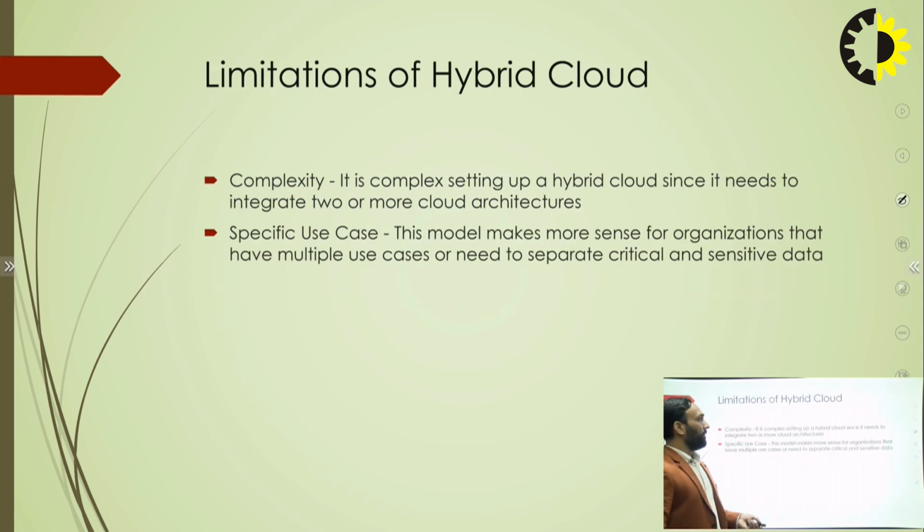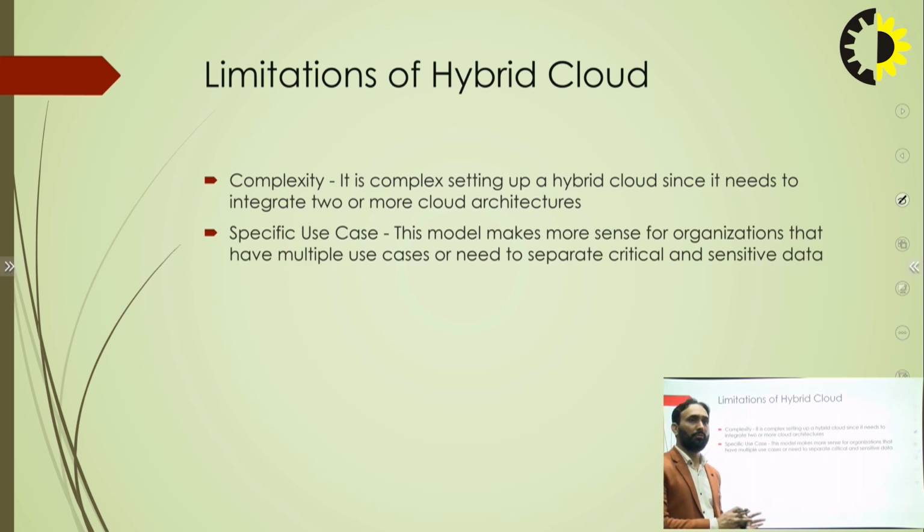It also has a few limitations. If we combine two deployment models in an organization to access the services, the complexity is increased as compared to the other models, because in other models we use only one mode, either public, private or community, but this is a combination of two clouds.